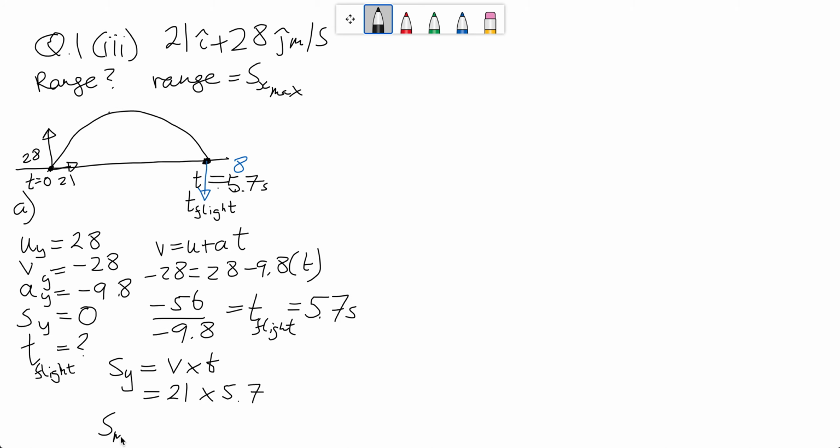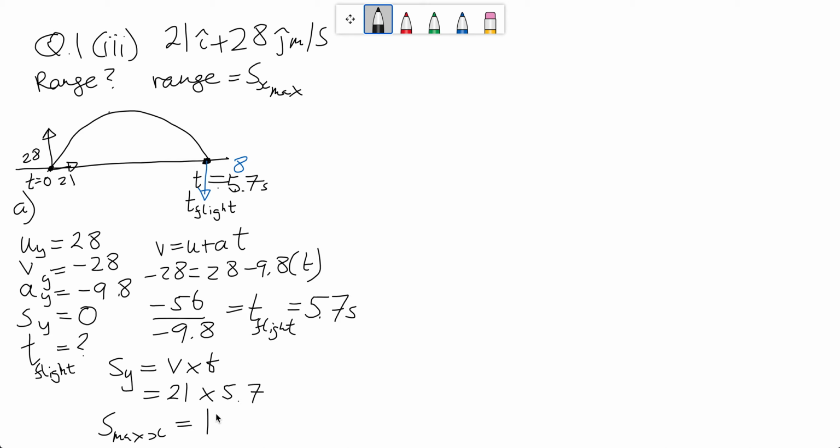So S max in the x direction equals 21 times 5.7, which works out at 114, I guess.